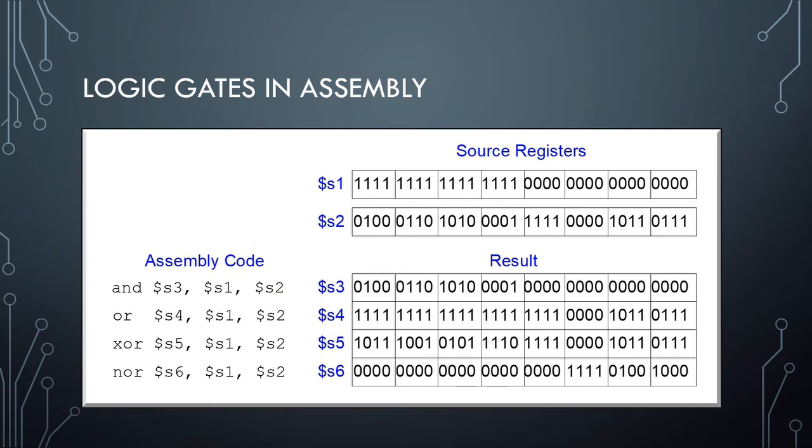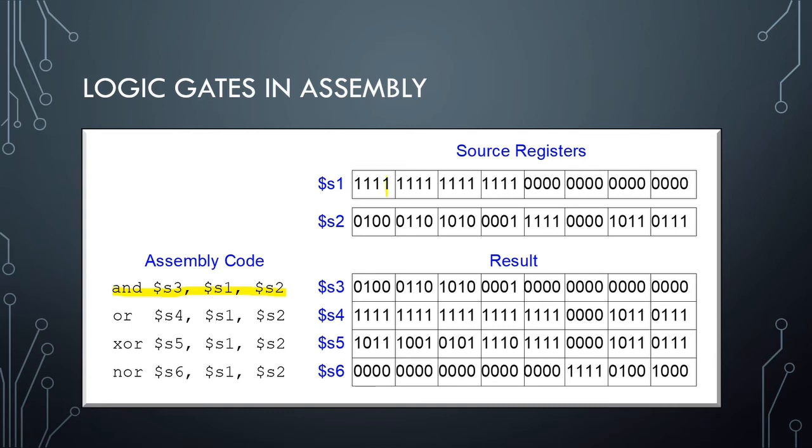Okay, here are the results of the logic gate operations. We'll go through these one at a time, starting with the AND gate. If we use AND logic on registers 1 and 2 and store the results in register 3, here's what we get in that first row under the results.